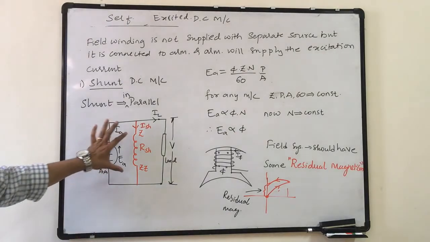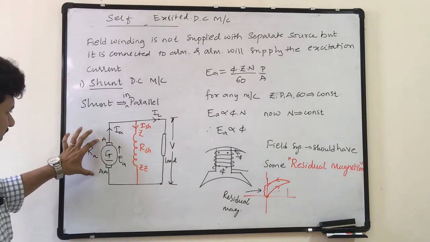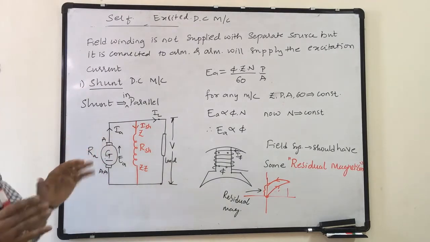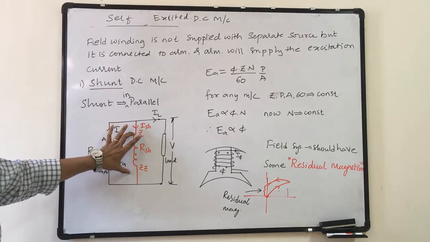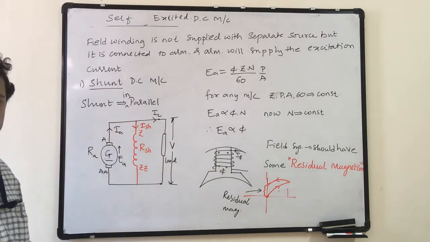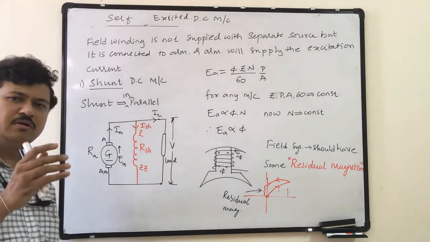Therefore, at one particular point, the armature will generate enough current for the shunt coil, and that shunt coil current will start producing the required amount of flux.